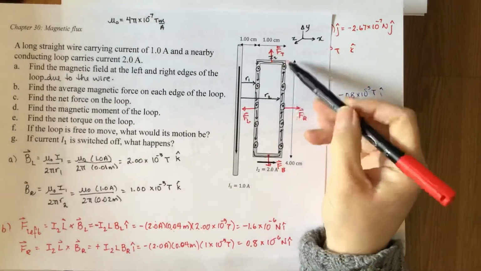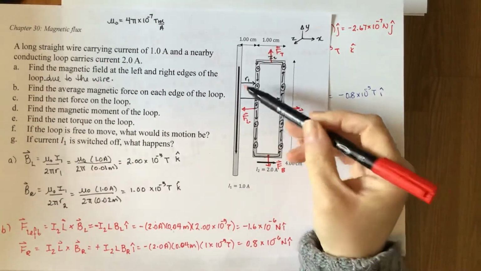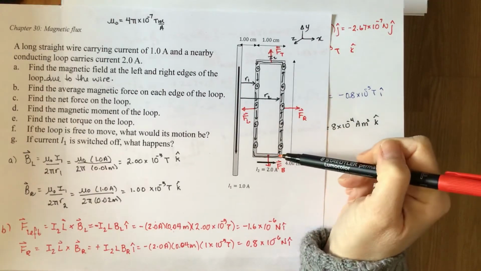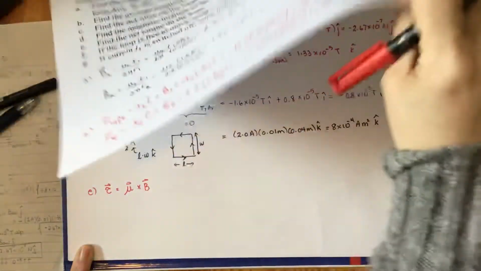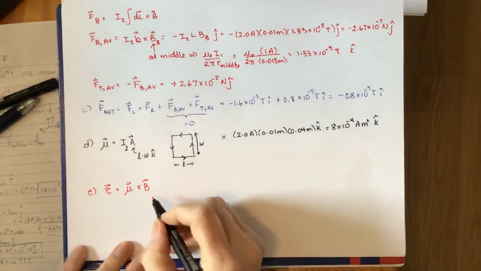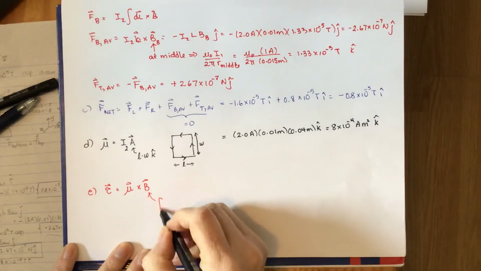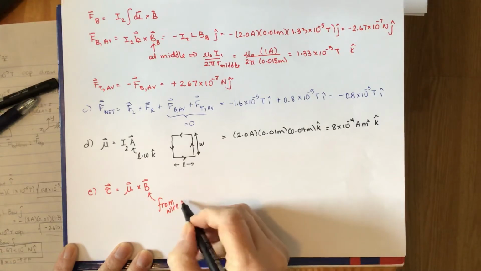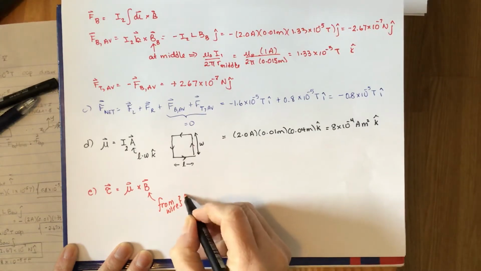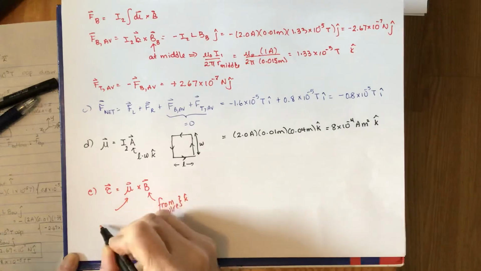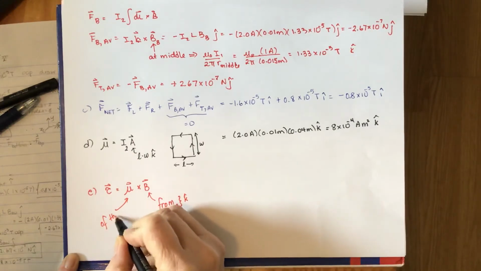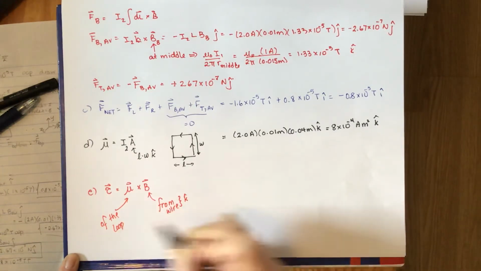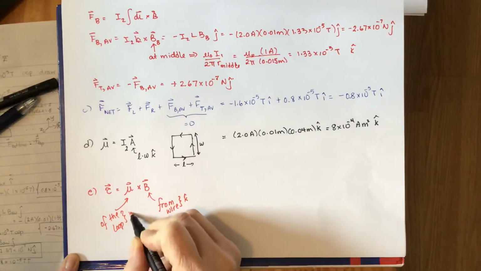The magnetic field that this loop is sitting in is due to this wire, and the direction of that magnetic field is out of the page. So this B is from the wire, and the direction of this is k hat. This mu is of the loop. The direction of this is k hat.